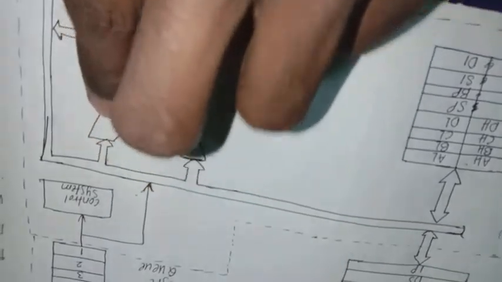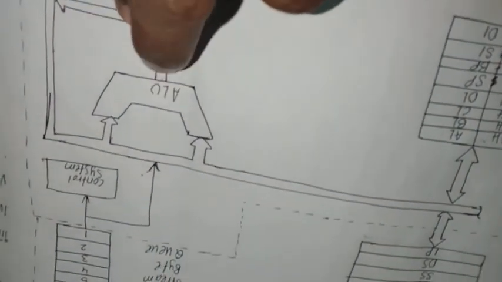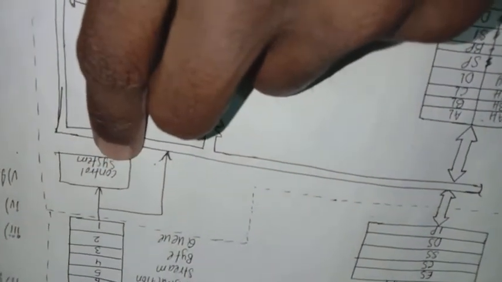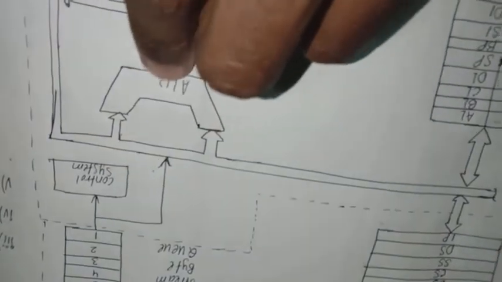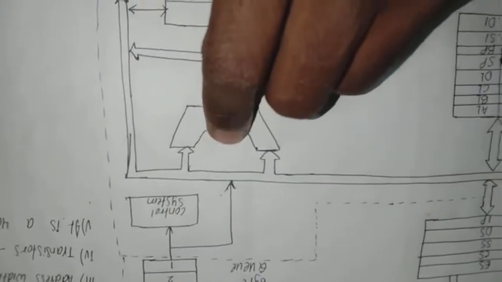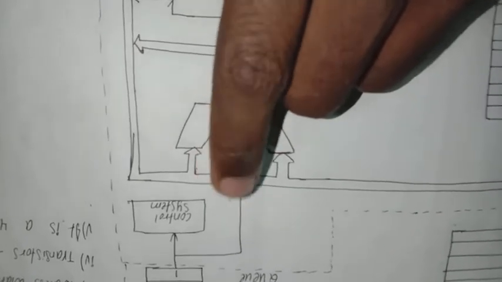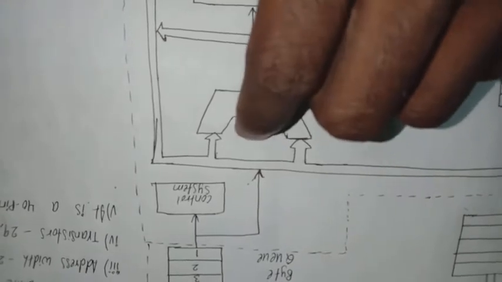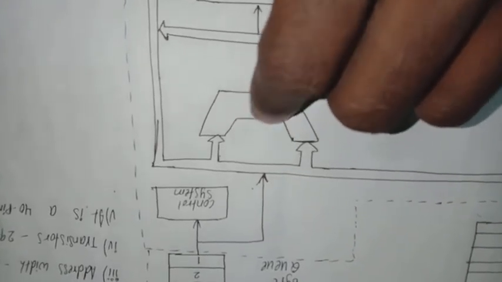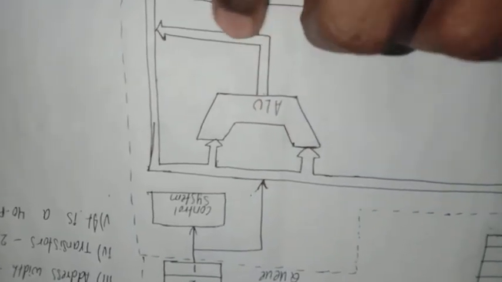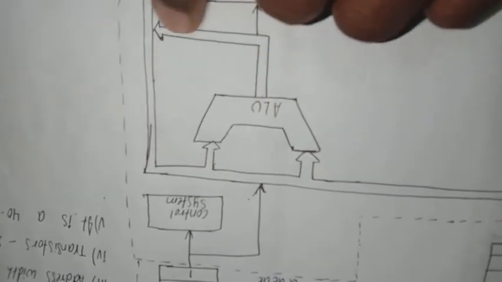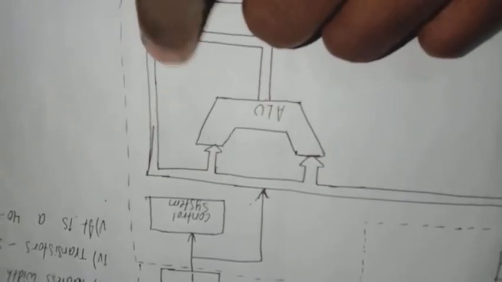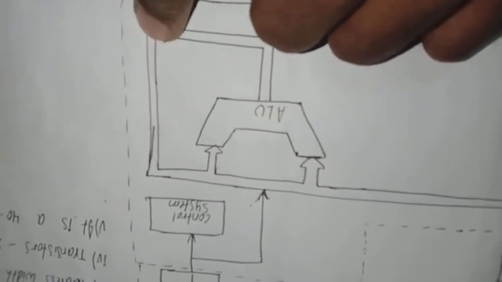These two data are calculated, and when it decodes, it tells the work to be done by the ALU. If it wants to add, it adds the data. If you want to subtract, it will subtract data. Or any other logical operations like AND, OR will be done by this ALU, and the result will be sent across this bus, because it cannot be stored in the ALU.